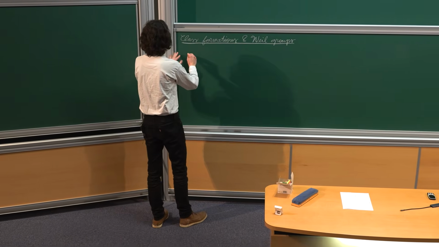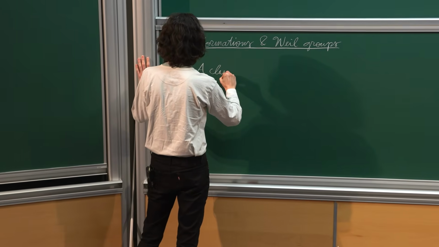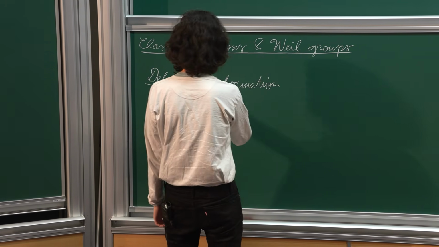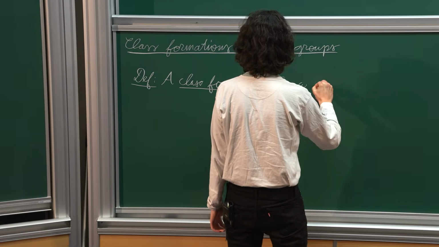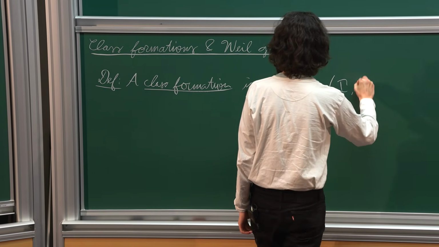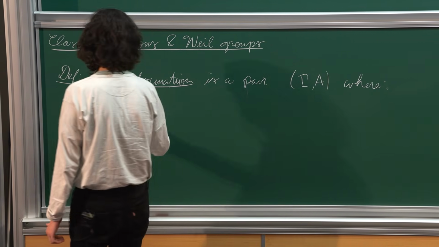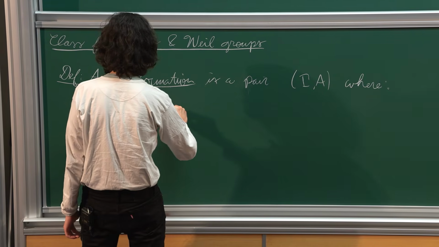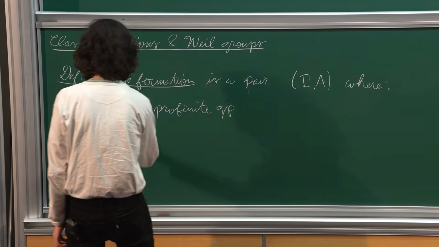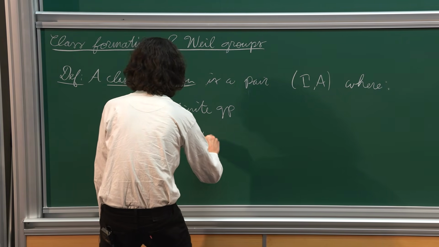So, definition. A class formation is a pair (Γ, A), where one, Γ is a profinite group, and two, A is a discrete Γ-module.